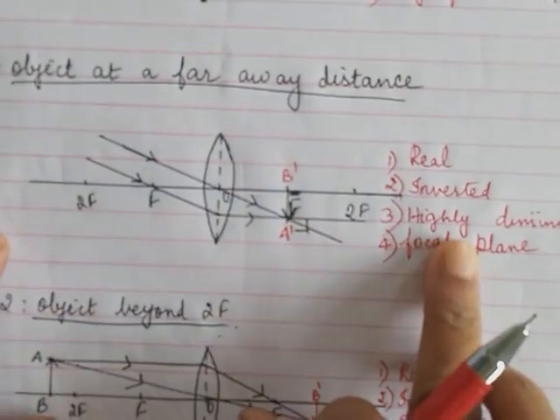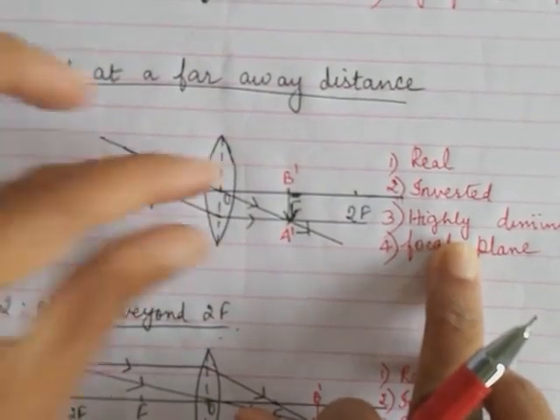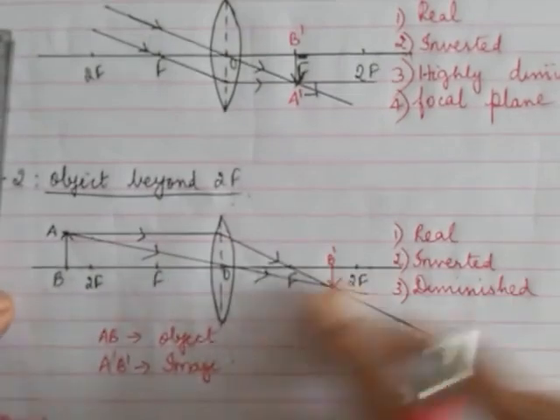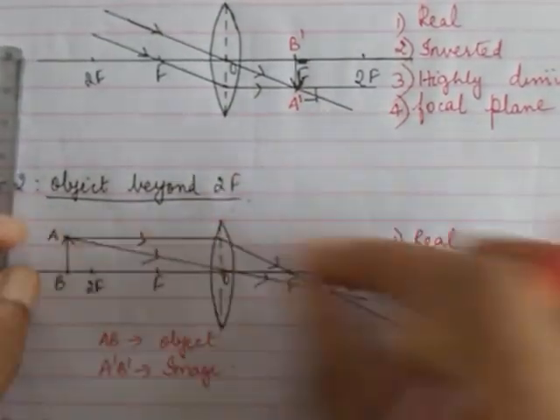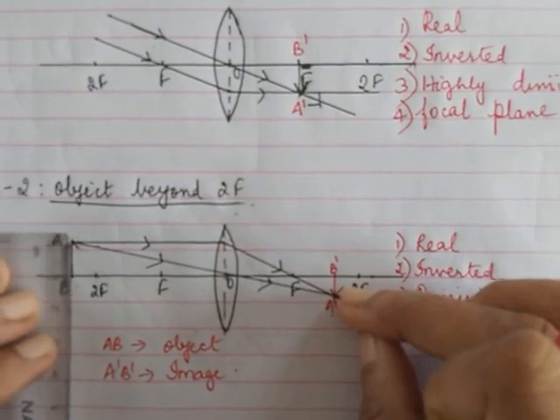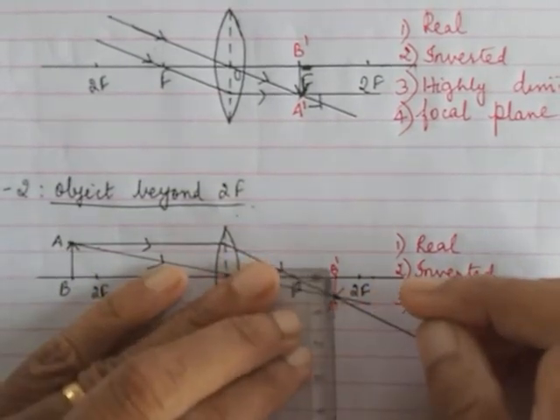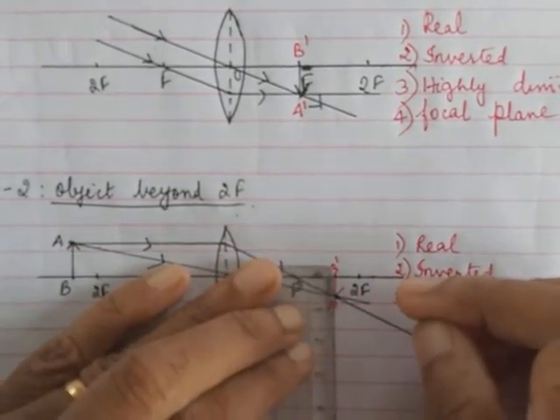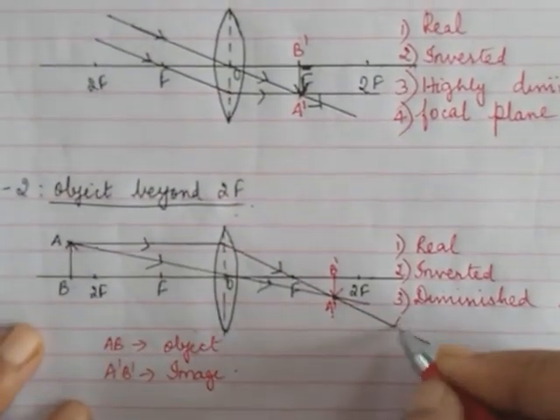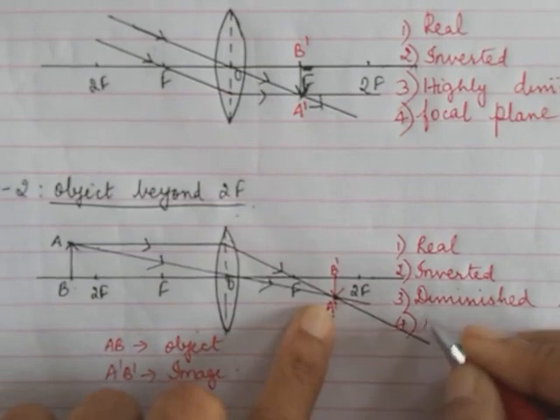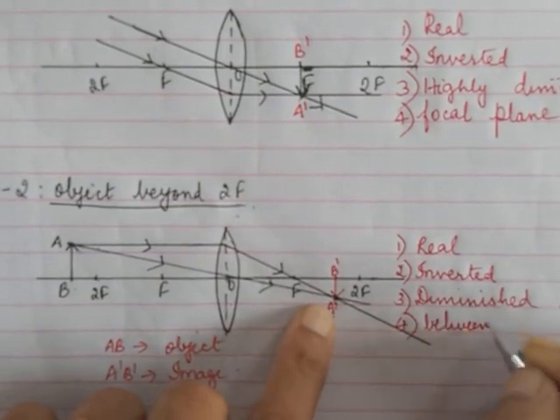Here it is highly diminished. Maybe a big thing had been diminished to this much, whereas here this much object has got a little small. It is smaller than its size. Here you took 1 centimeter, but the image you see is 6 or 7 centimeters. That is why we say diminished image. And where is it formed? Between F and 2F. Is it clear, children? So this is case 2.